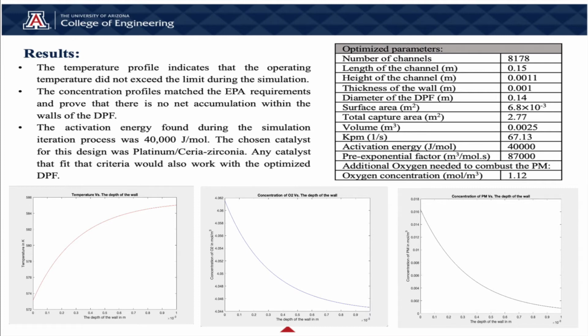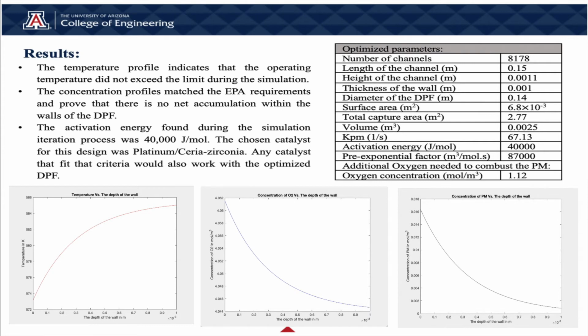The design PM concentration was at 0.02 gram per mile, matching the EPA requirements. The capturing rate was approximately equal to the removal rate at 0.054 mole per meter cubed second, with an error percentage of less than 1%.